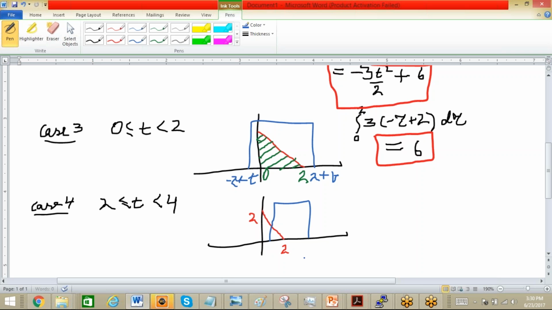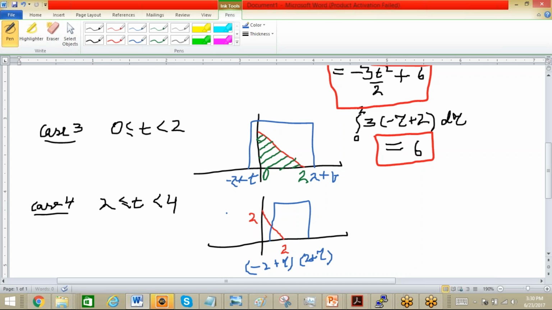Okay. We can have 2 plus tau and minus 2 plus tau as these extreme values.